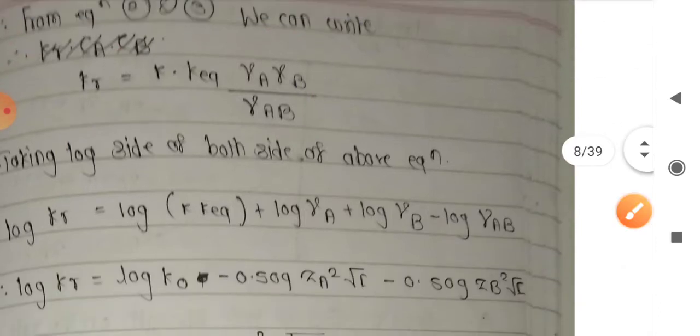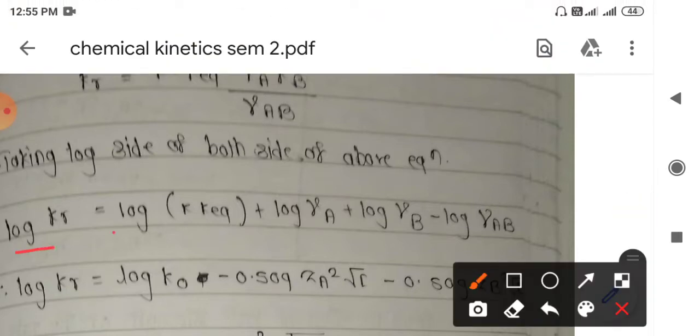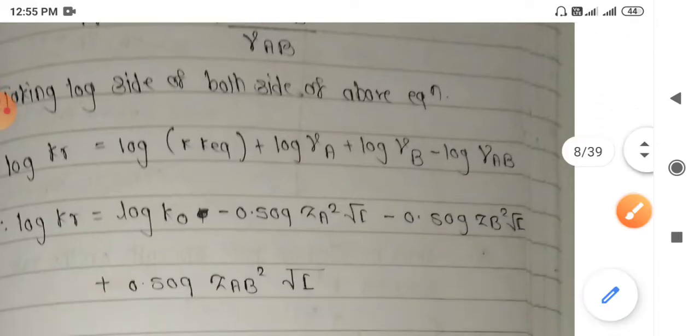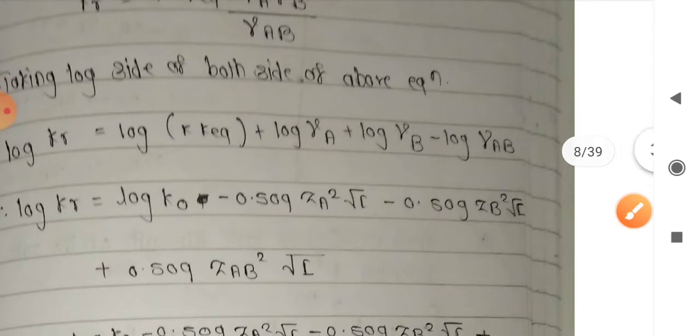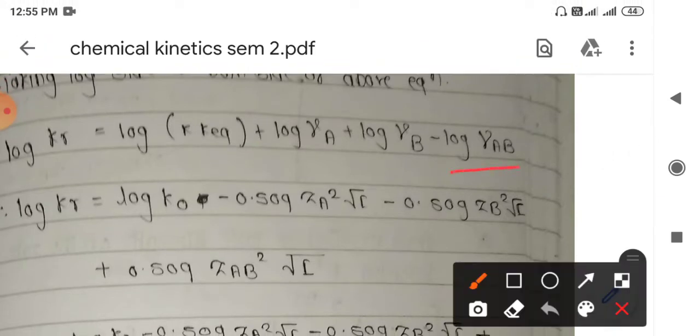Taking the log to the base 10 on both sides, log Kr is equal to log K into K equilibrium plus log gamma A plus log gamma B minus log gamma AB. For the gamma values, the Debye-Huckel limiting law is there, so we substitute it.